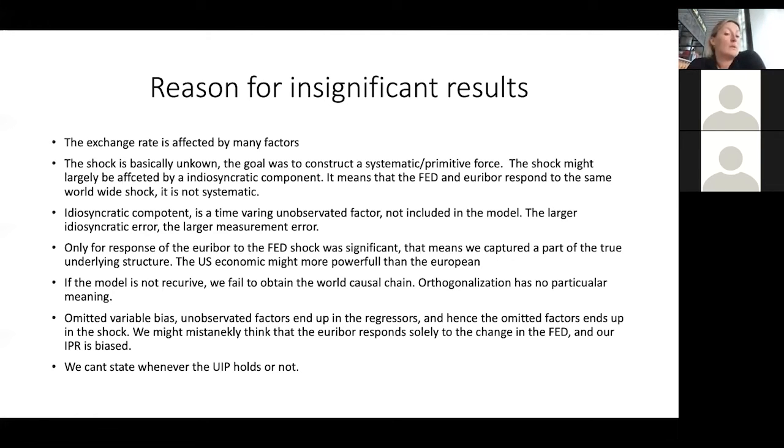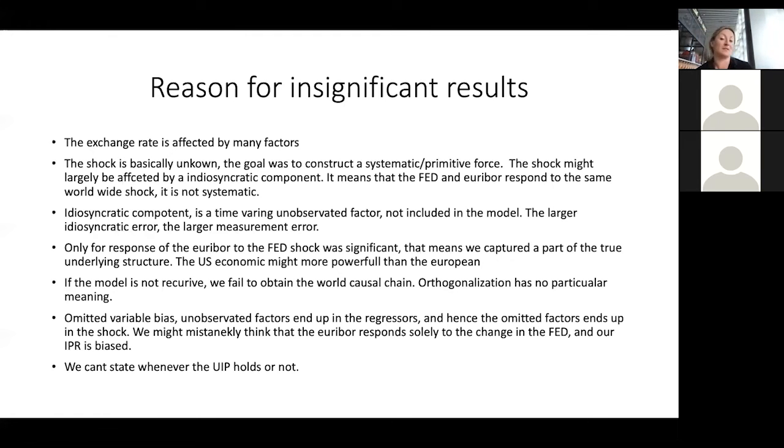And one reason why the shock to the federal fund rate was significant, and hence the response for the Euribor, might be that the US economy is a very large economy. It might be less affected by these measurement errors. And of course, there can be omitted variable bias, where omitted factors end up in the shock.